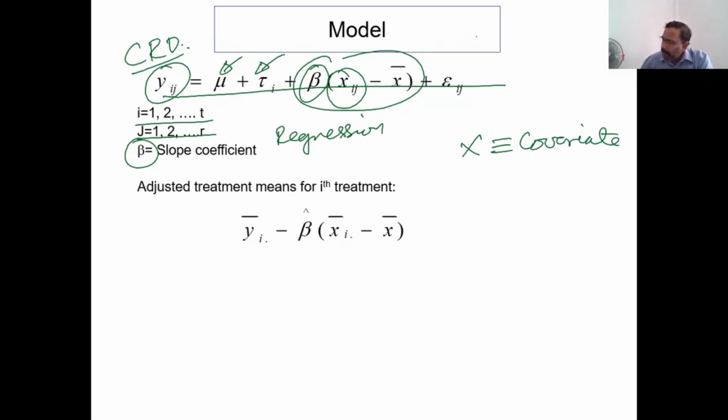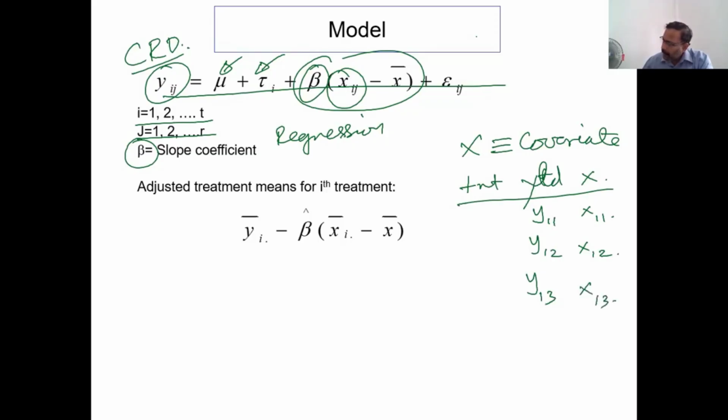For example, here we have treatment and yield, meat yield or whatever it is, and covariate. So here, this is Y11, this is X11, Y12, X12, Y13, X13. Similarly here, treatment 1, 1, 1, first treatment.